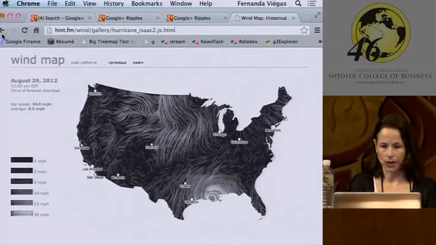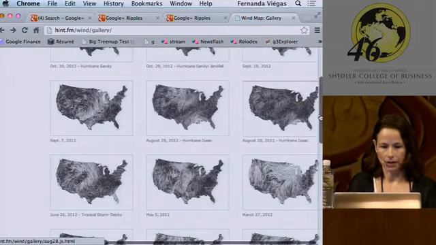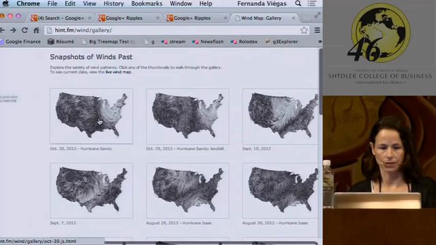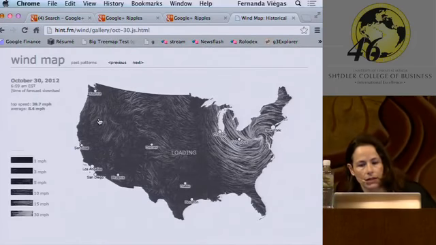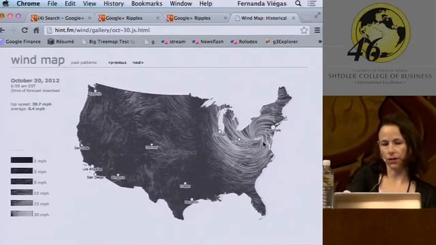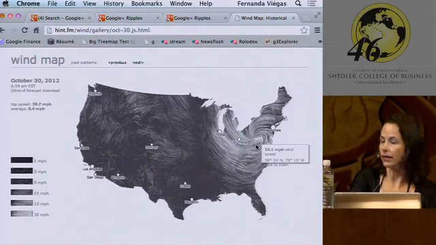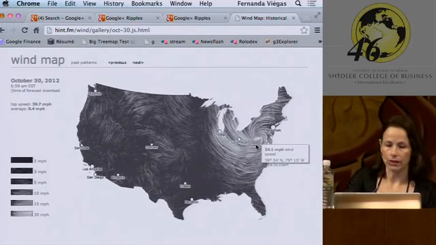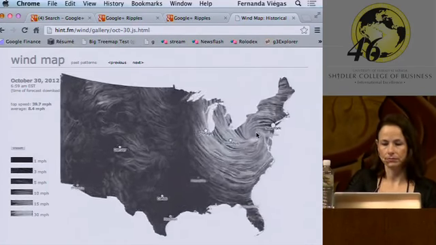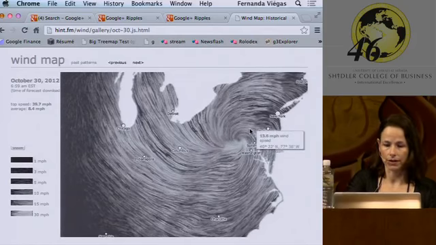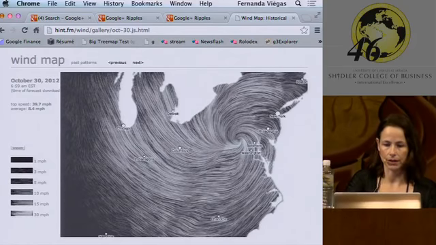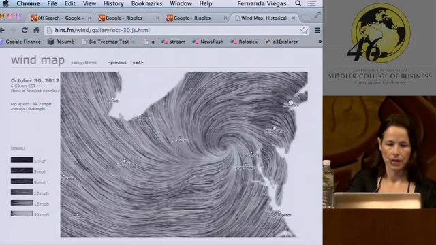Another day that was quite dramatic was obviously Hurricane Sandy, and you could see that really all the action that day in the country was on the east side. And you can really see the eye of the hurricane there.